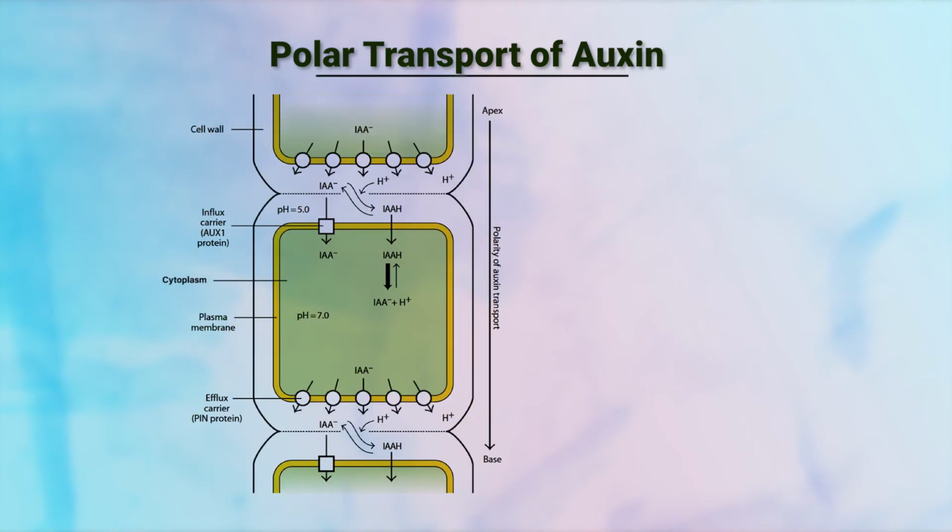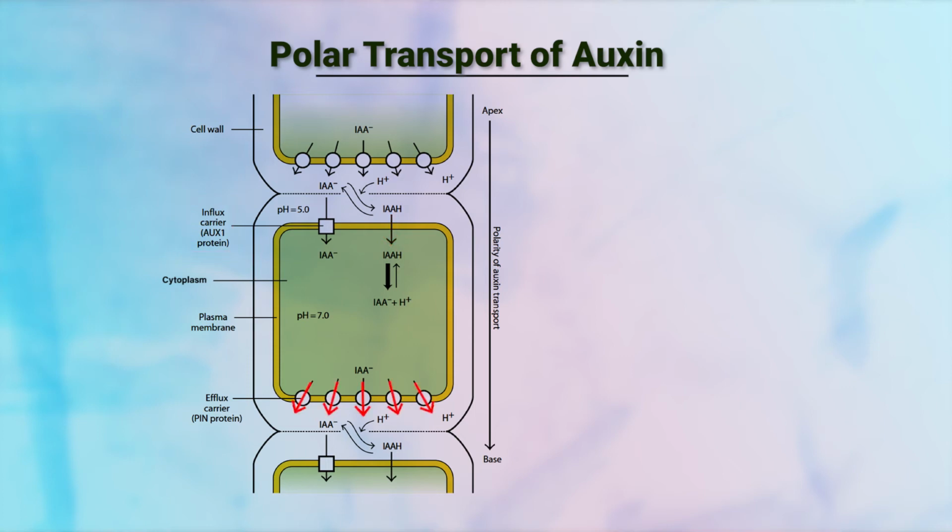Now, this basipetal flow of auxin in stem has been characterized again in molecular detail. Now, you can see that if this is the cell wall and this is the plasma membrane and this is the cytoplasm, then auxin can enter the cell either via diffusion or via an influx carrier protein called Aux1. Now, these can happen on any surface of the plasma membrane because the influx carrier protein Aux1 is present everywhere.